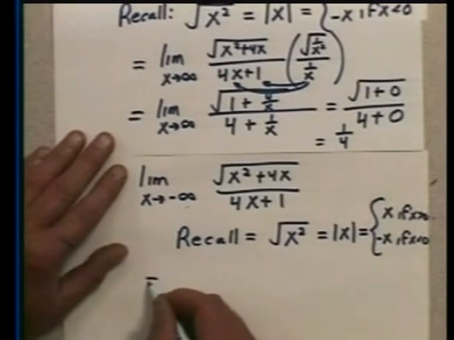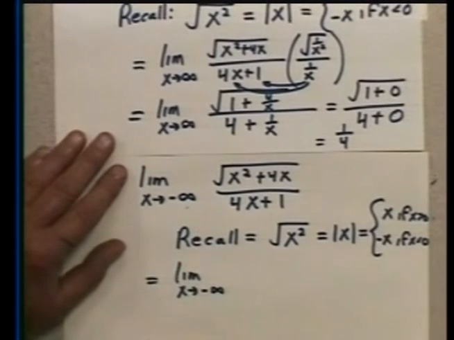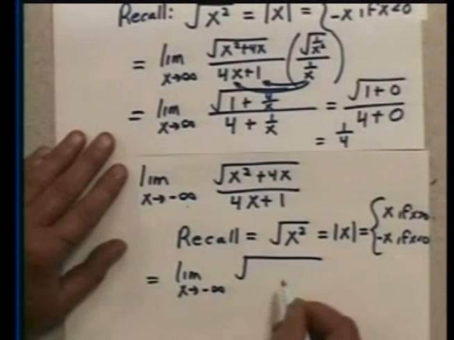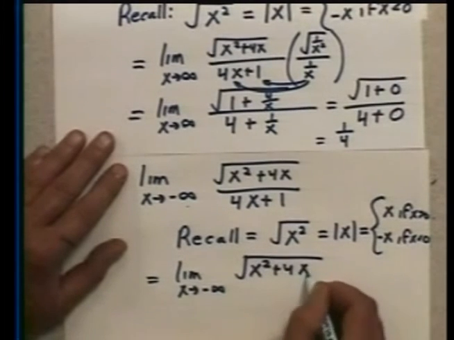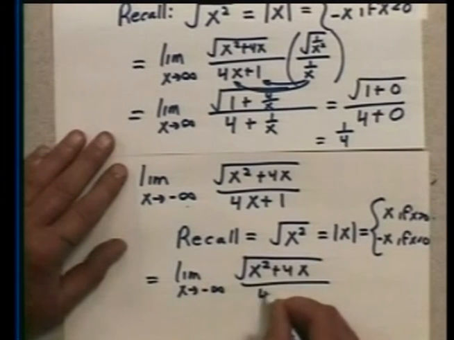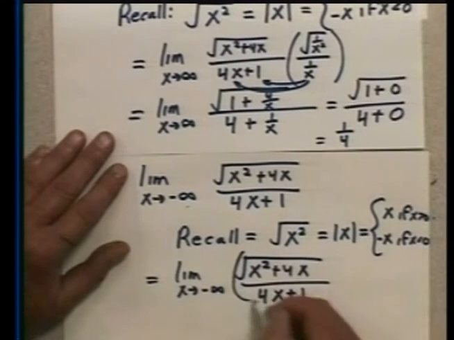And so in my first move, because I'm headed for minus infinity, I am not going to multiply by 1 over x. I'm going to multiply by minus 1 over x, or 1 over minus x if you prefer.